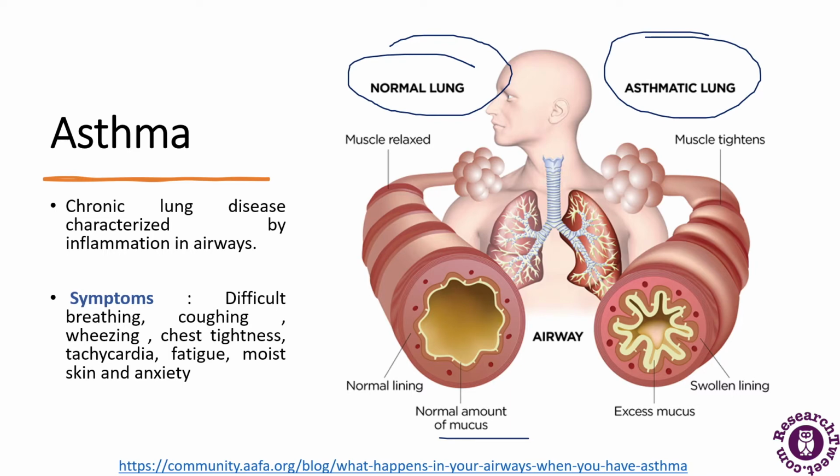the muscles tighten, and due to the inflammation, the airways swell and become very sensitive to a variety of stimuli. The airway obstruction may be due to smooth muscle spasms in the wall of the smaller bronchioles.